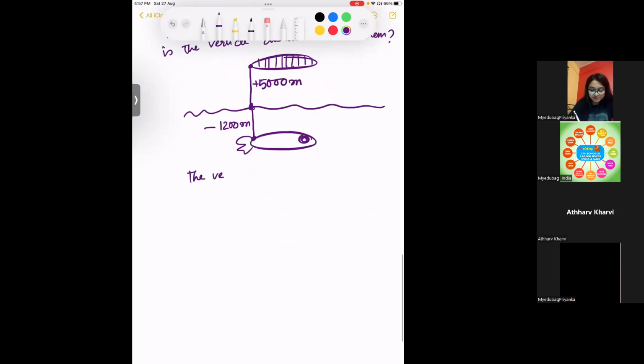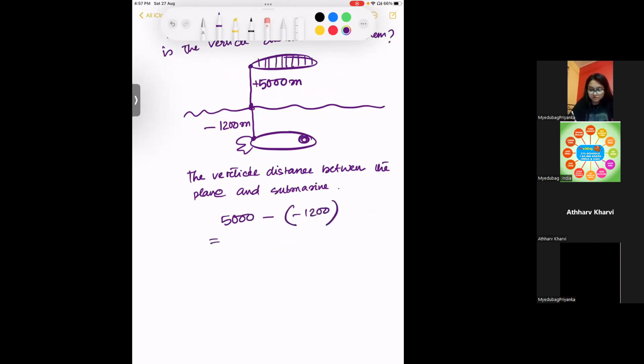The vertical distance between the plane and the submarine. It will be 5,000 minus of minus 1,200. So how much will it be? 6,200.